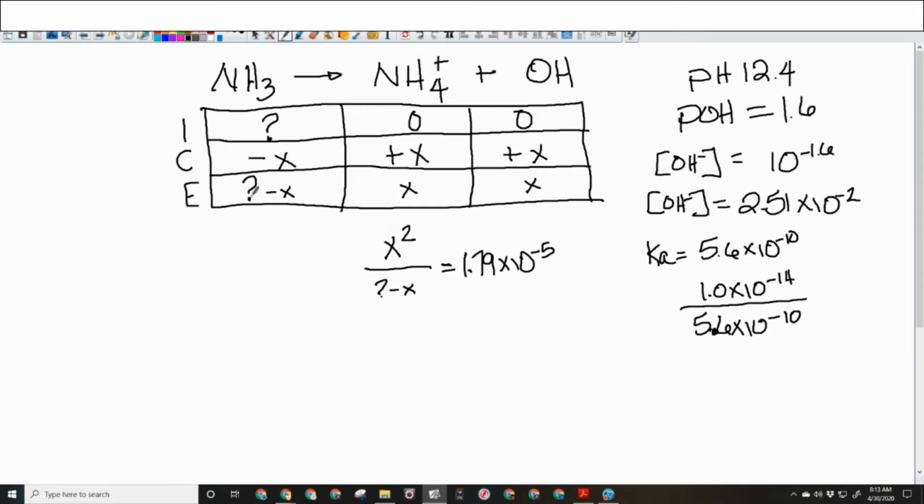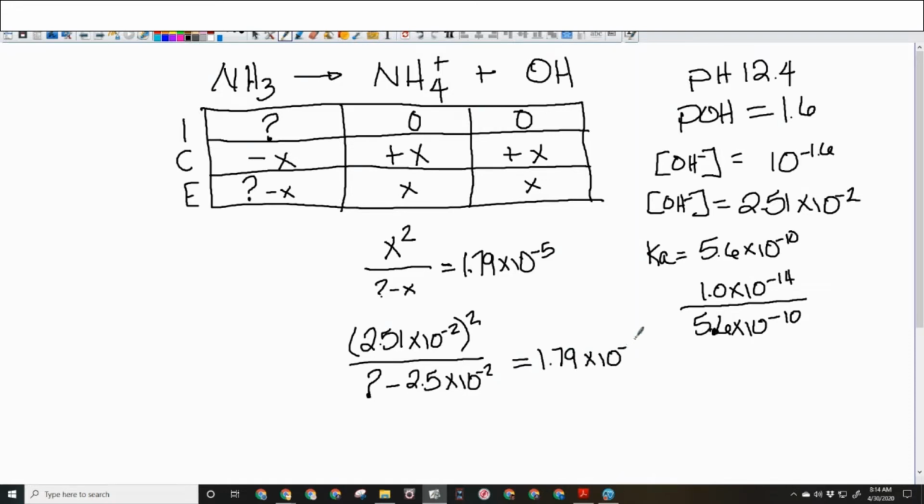We're solving for the question mark. So let's go ahead and write that: 2.51 times 10 to the negative 2, squared, over question mark minus 2.51 times 10 to the negative 2, is equal to 1.79 times 10 to the negative 5th. Okay, that's what we're solving.